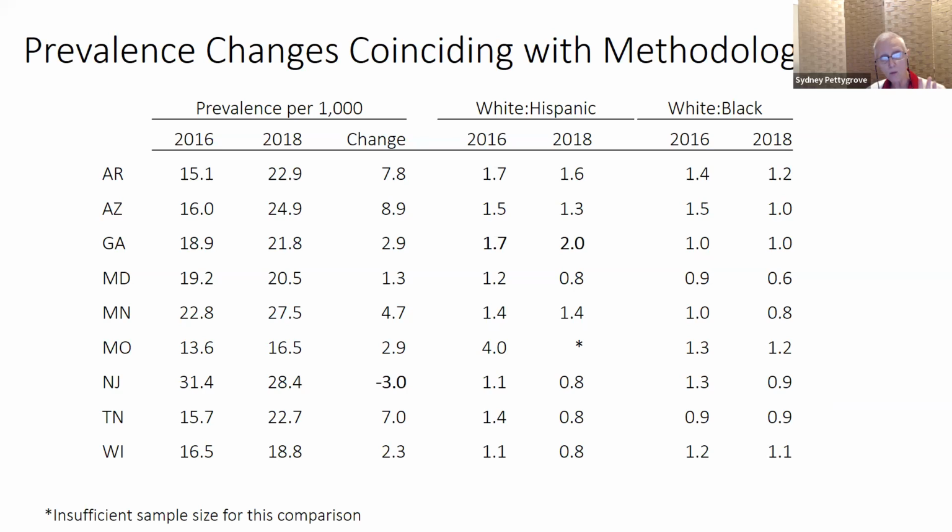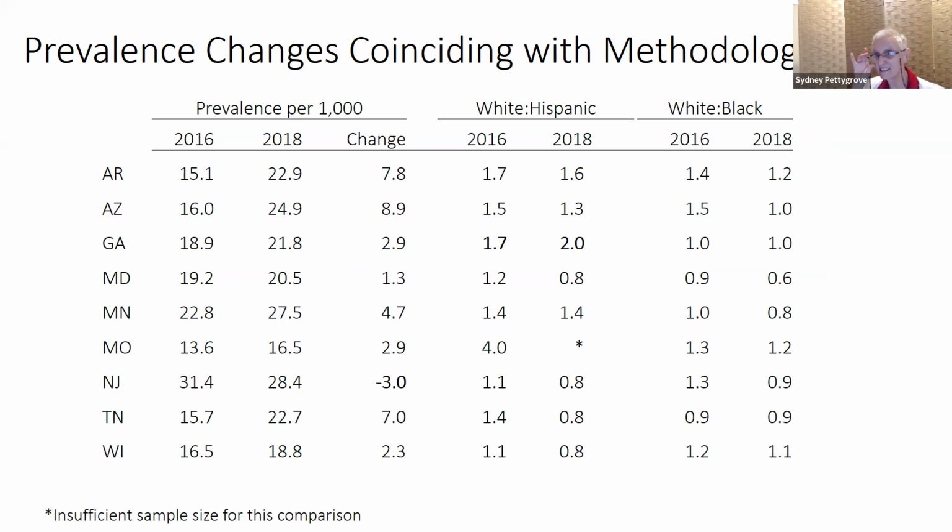So I wanted to look at the prevalence changes across this shift in methodologies, because everyone was concerned, as was I, that by leaving out children that don't have an official recognition already, a diagnosis or an exceptionality, we would be losing kids. And we worried that our prevalence would go down just from that.